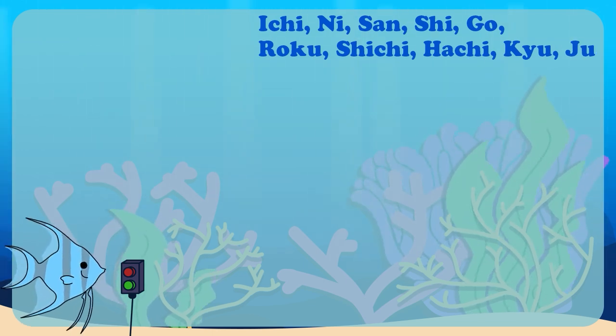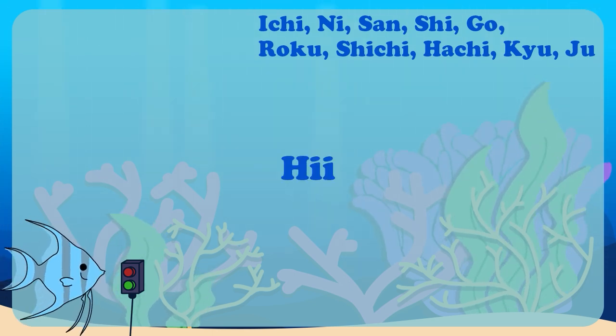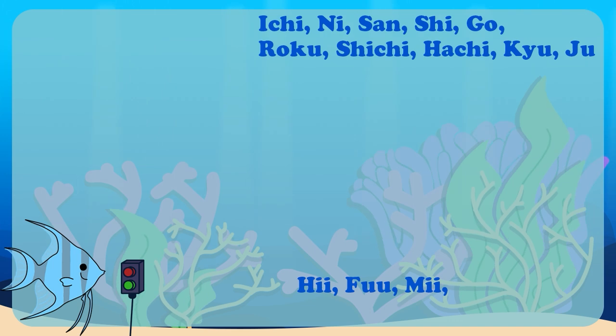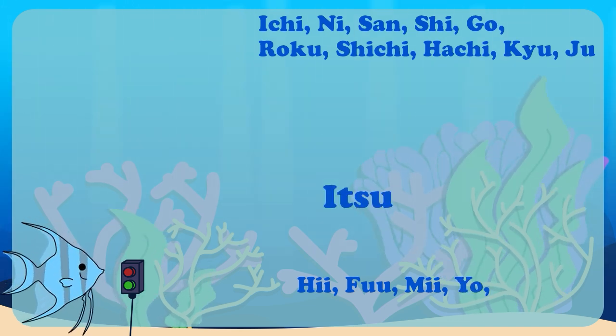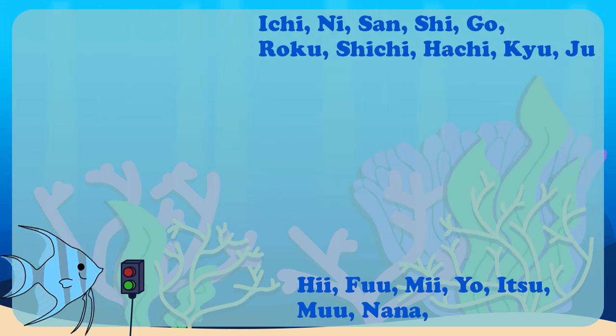If you learned Japanese in school, at least in Australia, I think that's what you've been taught. Well, let me annoy you by telling you that there always has been a second way to count, and that is hi, fu, mi, yo, itsu, mu, nana, ya, kokono, to.